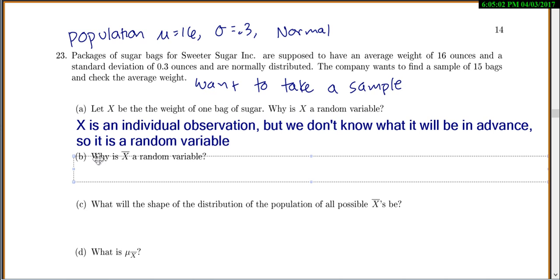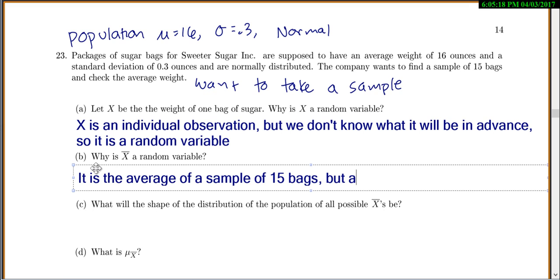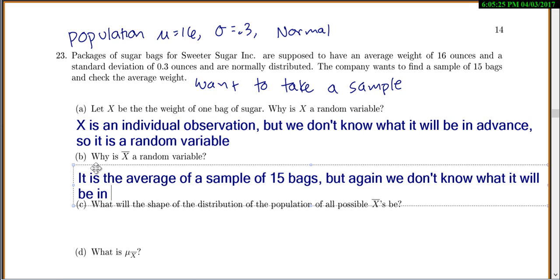Whereas in part B, it has x bar. So what's the difference? So x is just one bag. X bar is the average of 15 bags. So it is the average of a sample of 15 bags. But again, we don't know what it will be in advance. So it's going to be an average, but a sample average, but we don't know what it will be in advance, so it's still a random variable.